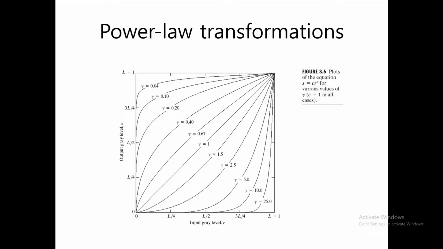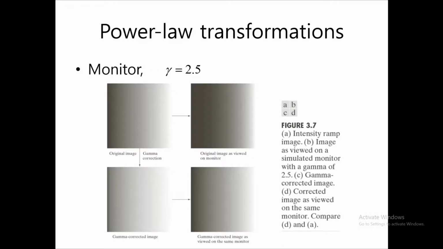With a gamma value greater than 1, it is just the reverse, like the reverse of the log function. This kind of function is useful for the variety of devices used for image capture, printing, and display.